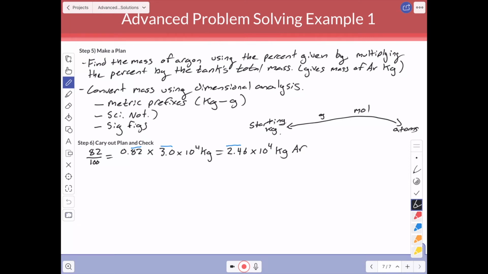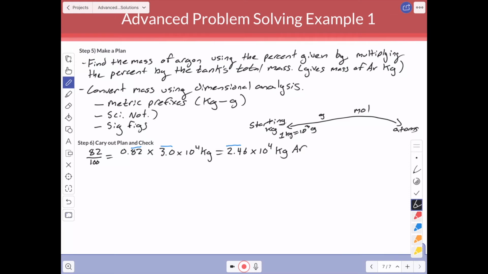I know that 1 kilogram equals 10 to the 3 grams, right? Well, I'm going to need my periodic table for argon. So I'm going to look it up on my periodic table.